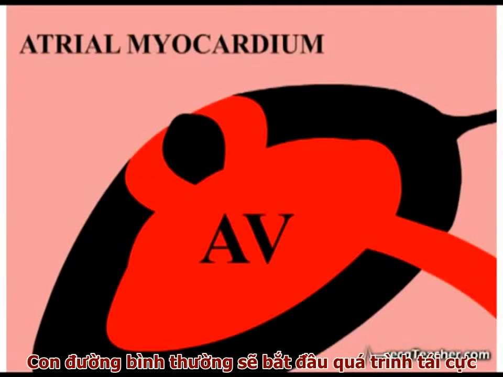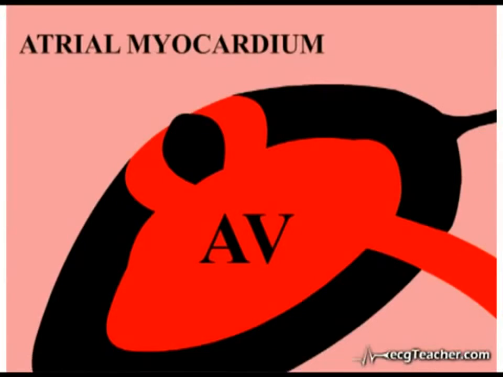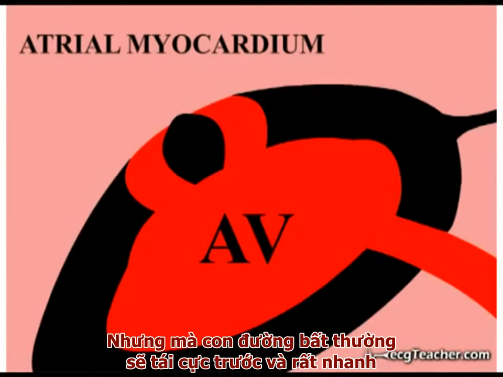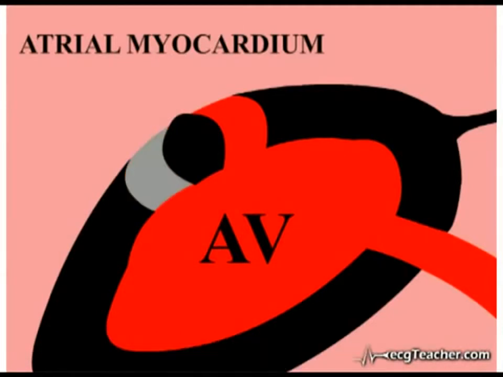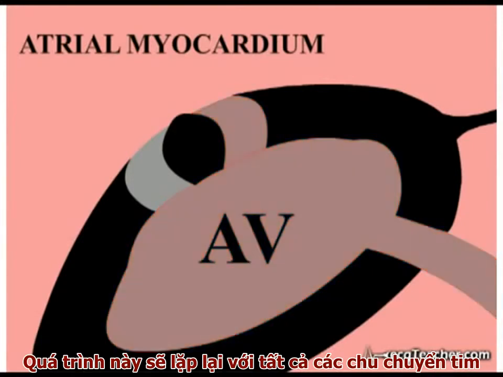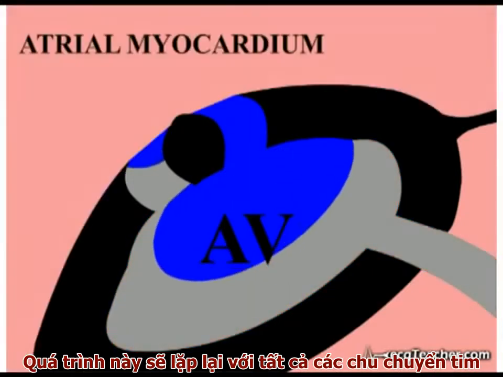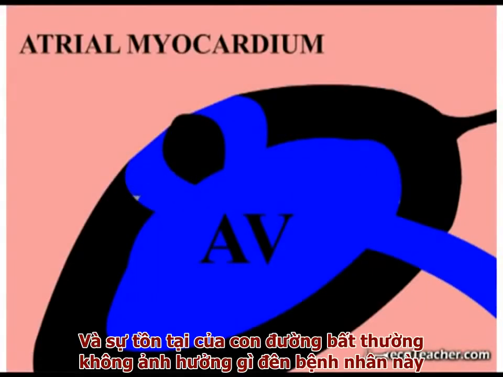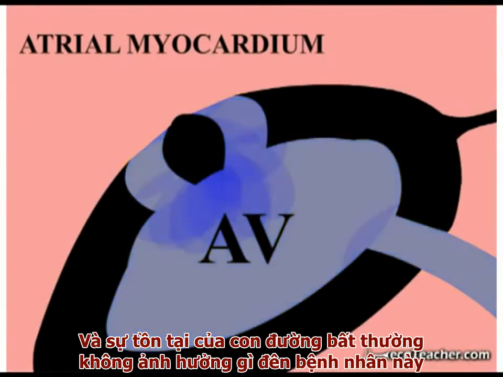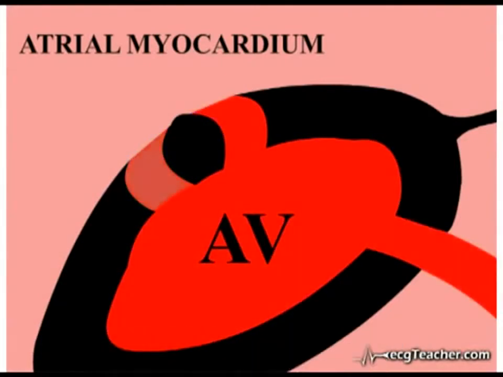Following these events, the normal tract goes through a normal period of repolarization, while the abnormal tract repolarizes rapidly. With the heart in normal sinus rhythm, this process is repeated with every sinus discharge, and the existence of the abnormal tract has no consequences whatsoever for the subject.